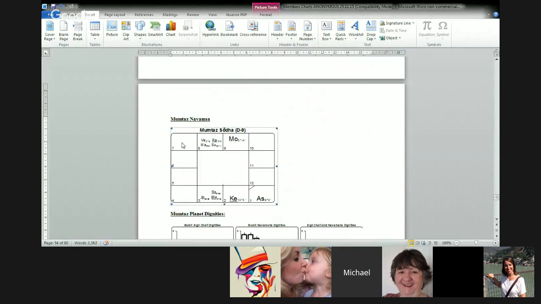The 7th house of marriage is ruled by Jupiter, which is in the 3rd, conjunct Saturn and Mercury.